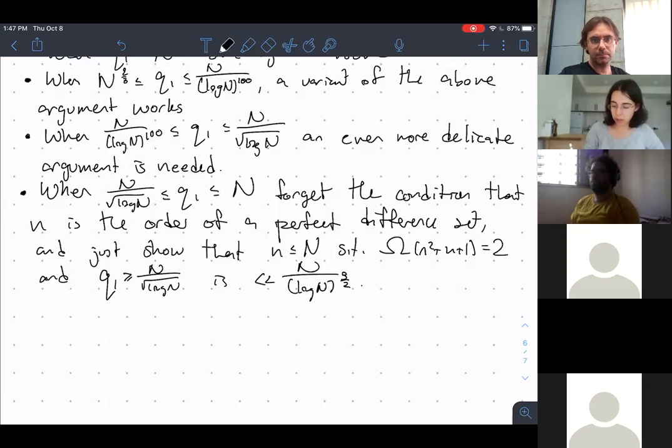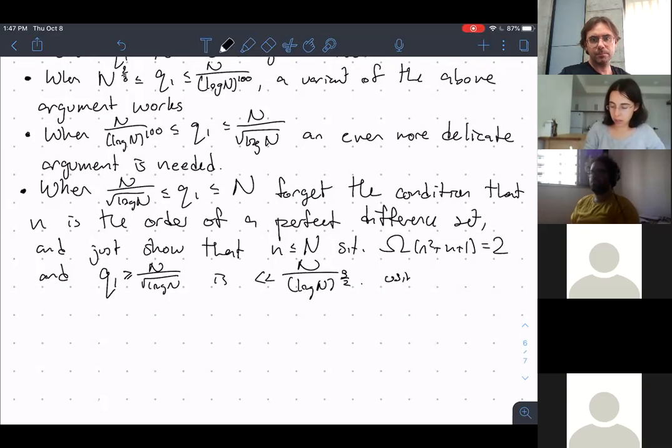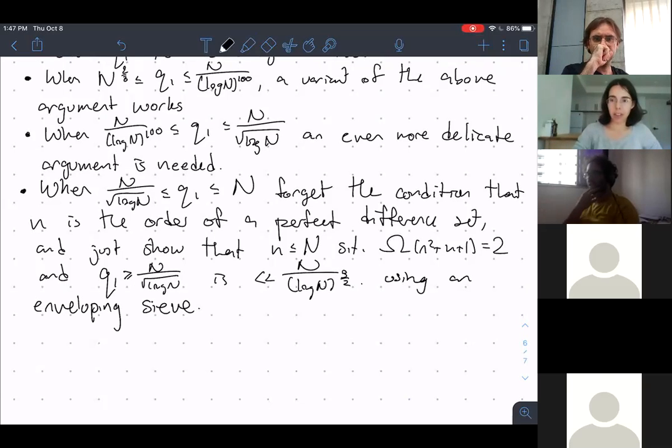The way I do this is using an enveloping sieve argument. And this is fairly standard as far as the actual enveloping sieve argument itself goes.